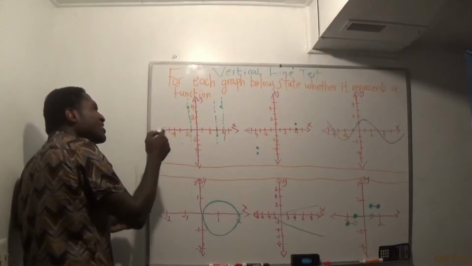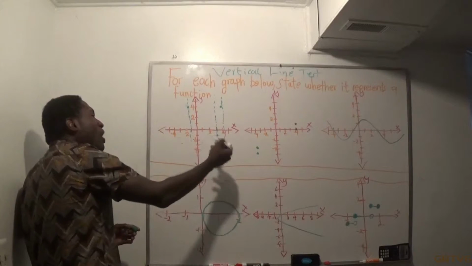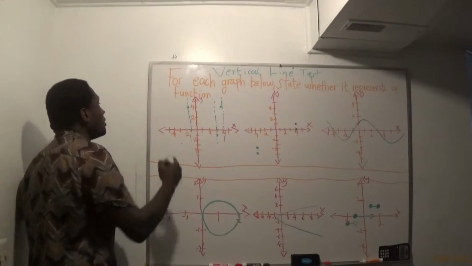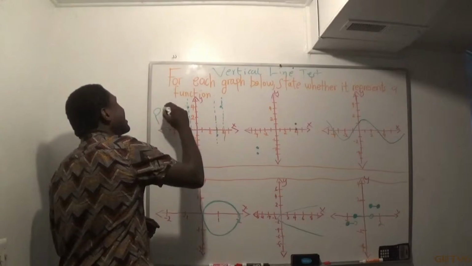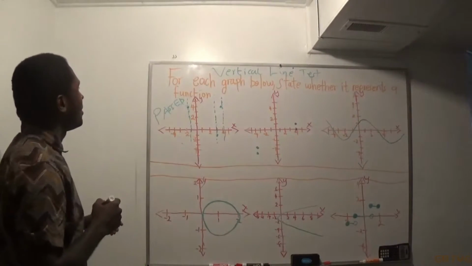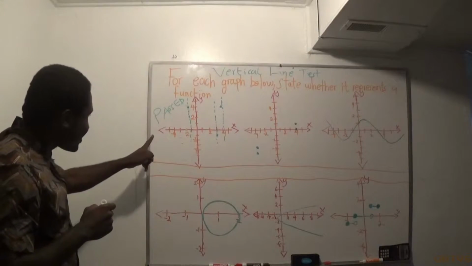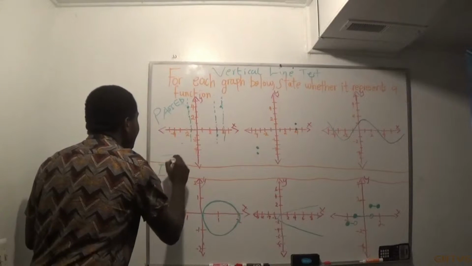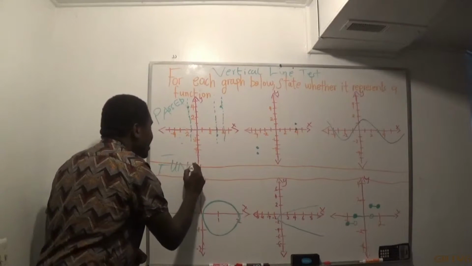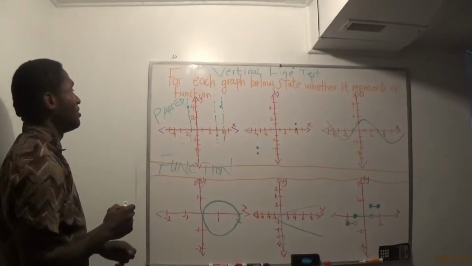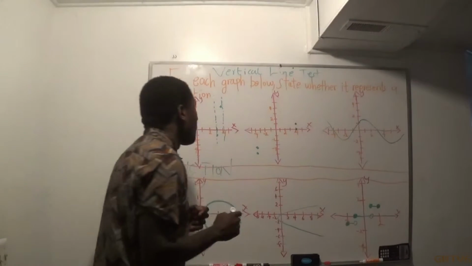Because of that, I would say I pass the vertical line test. And when I pass, I would say it is a function. So this graph is a function. What about this one?